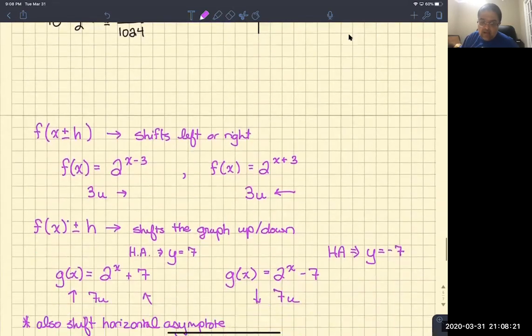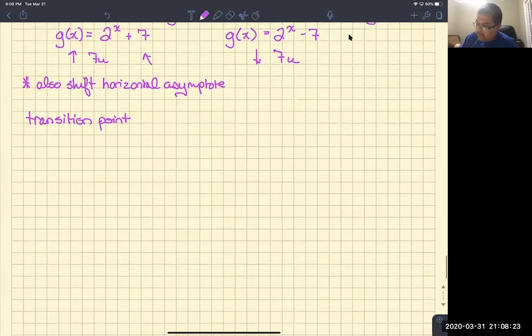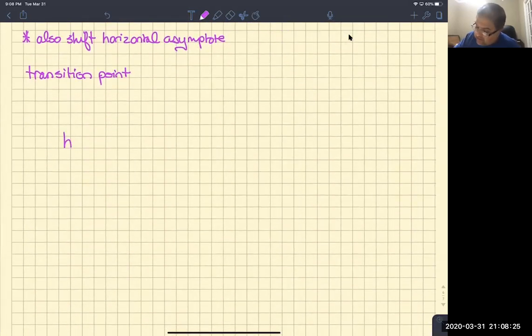To calculate the transition point of an exponential function, let's take, for example, 3 to the x plus 2. To calculate the transition point, I make my exponent equal 0. So in this case, I have to make x plus 2 equal to 0 and solve.